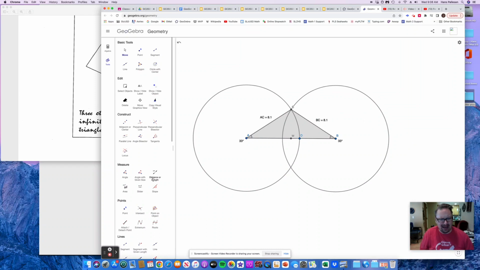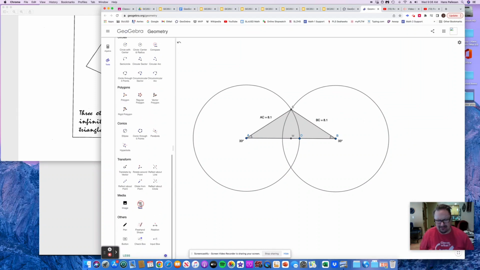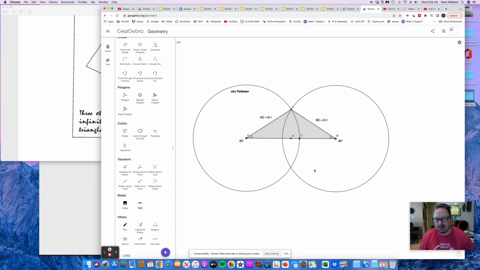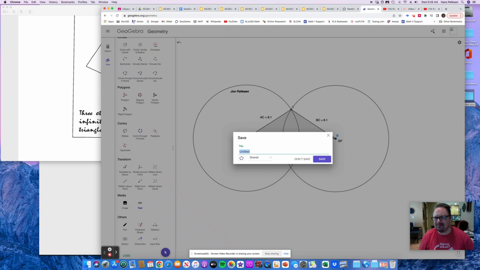Okay, so at this point, I can sign my work, and we can save it. Construction number 24. And this is an isosceles triangle.